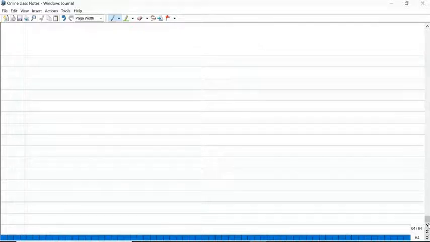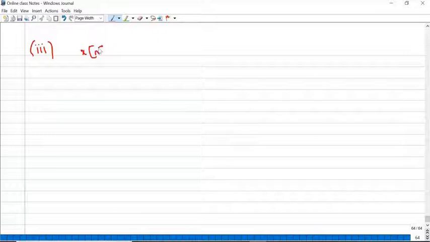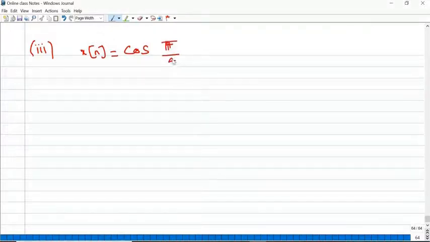So next problem, problem number 3. x of n equal to cos pi by 4n.